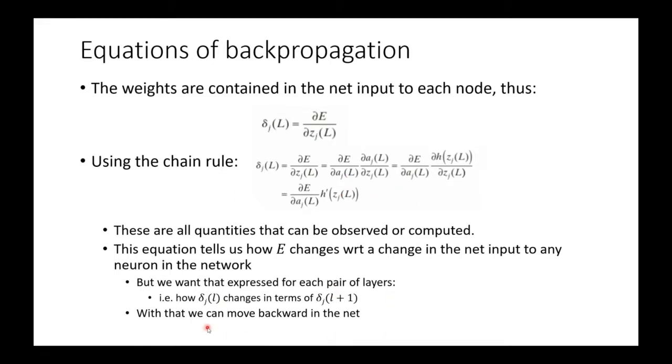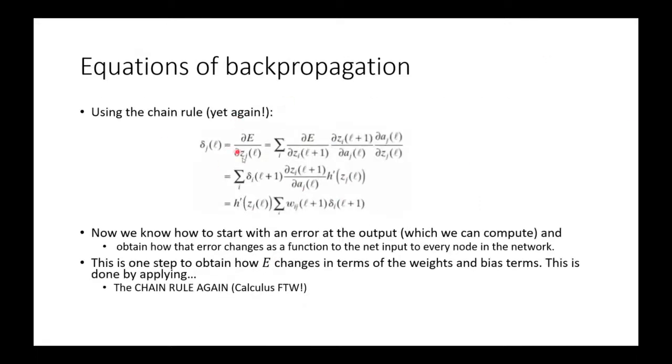What we do to get that is take this expression here and use the chain rule again. Use the chain rule on the error with respect to every layer, from the current layer to the previous layer, or in the sense of layer L plus 1 with respect to layer L. And we end up with this expression here that relates the error of the layer with respect to the previous layer.